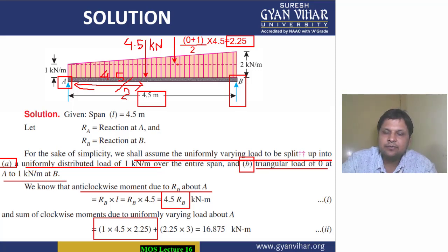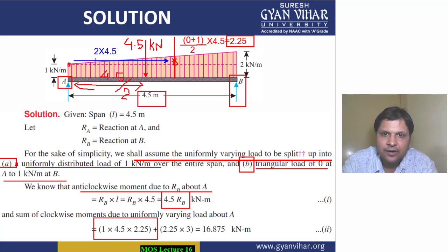And now where will it act? It will act at its center of gravity. Now we all know that the center of gravity of a triangle lies at a distance of 2h by 3 from its apex point, from its top point. 2h by 3 means 2 into, what is h here? h will be your 4.5.